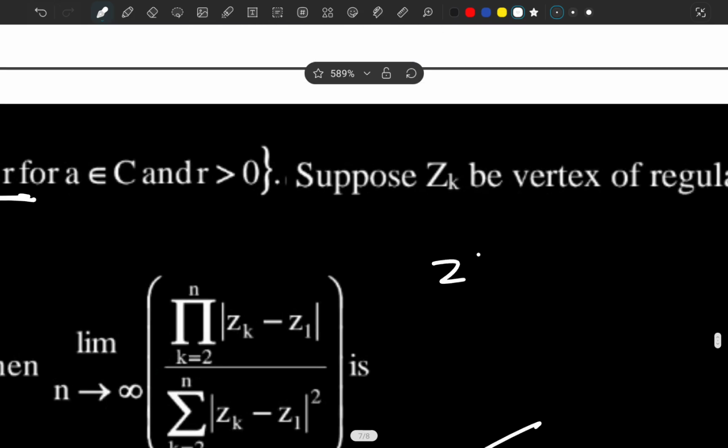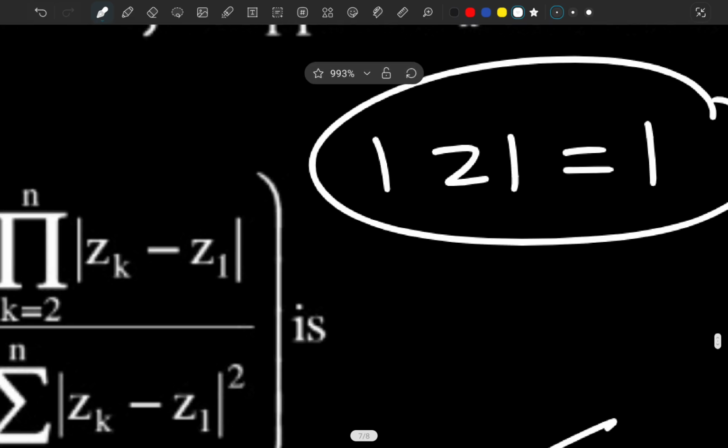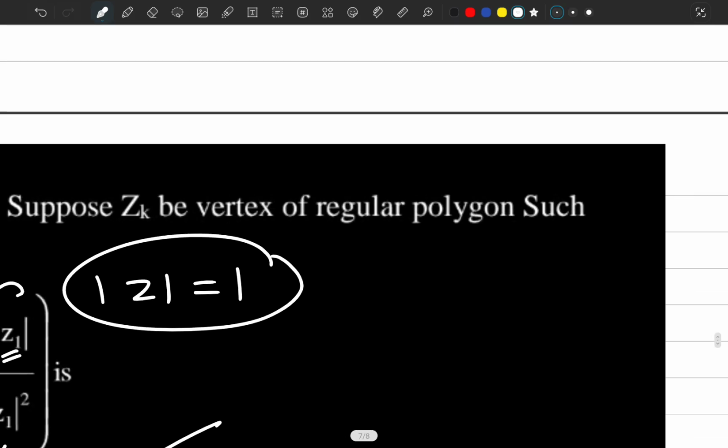So we can say it is z1, so they lie on a unit circle. Now we can suppose this is the distance between two vertices, it is fixed with the matter of rotation. Same with this, so we can suppose z1 to be purely real, and we can treat them as roots of unity, right?